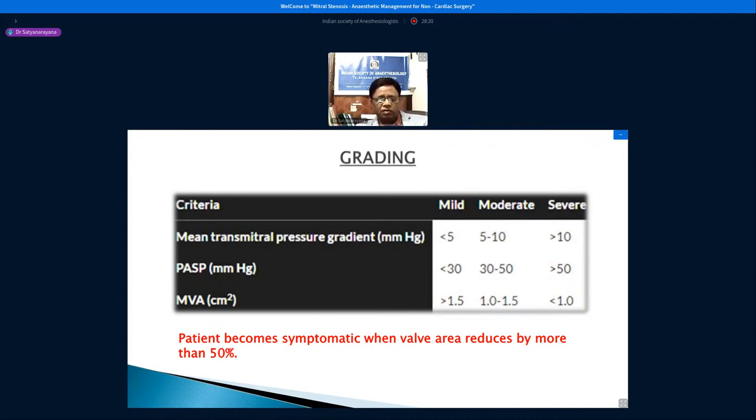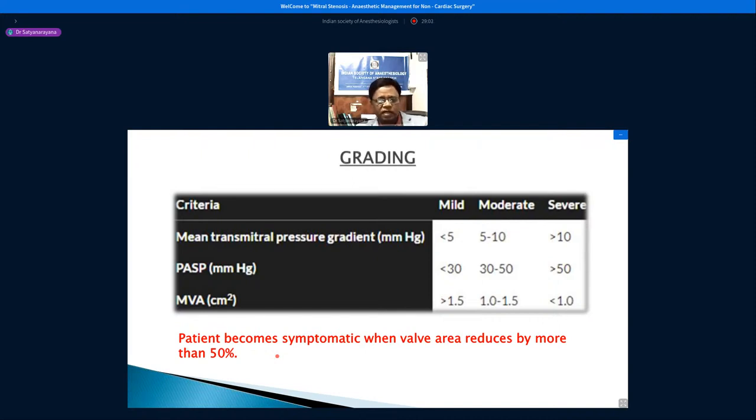Here, I would like to mention one important point: the patient becomes symptomatic only when the valve area reduces by more than 50%. For many years, until the valvular area is reduced by more than 50%, the patient is asymptomatic. The explanation is very simple: in a normal patient, the stream of blood flow across the mitral valve only passes through the center of the orifice.